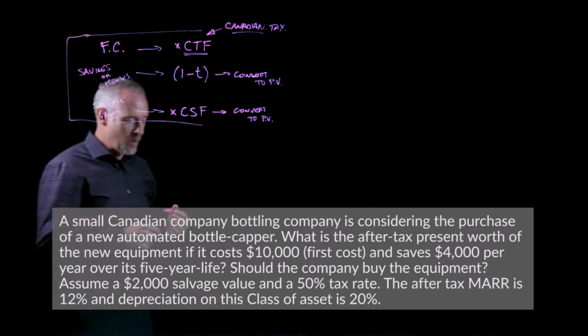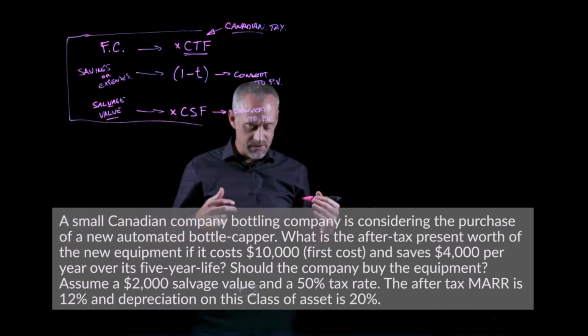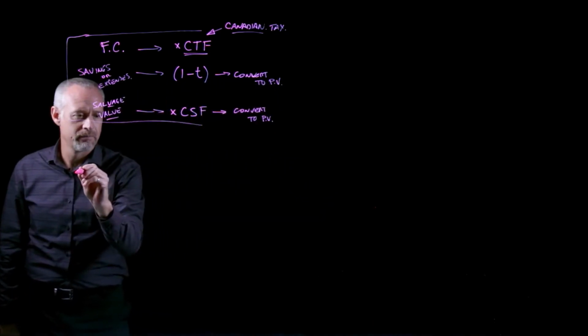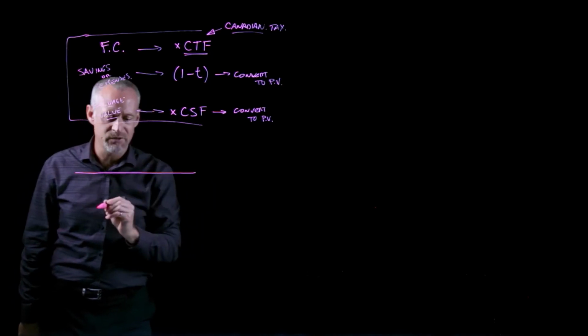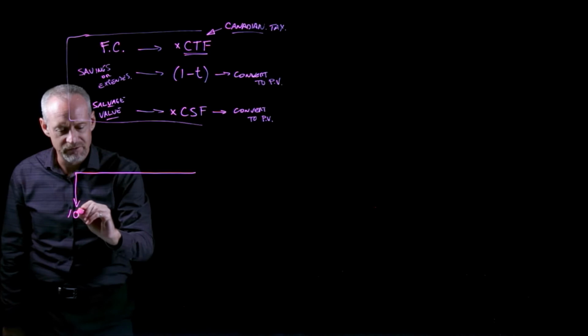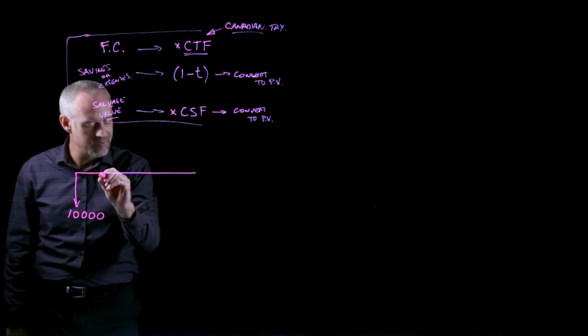So in this problem, we learn of a company that wants to buy a piece of equipment. It's a bottle capper, and we draw it on a cash flow diagram that looks like this. It's an initial investment amount of $10,000. We have a time horizon of 5 years.